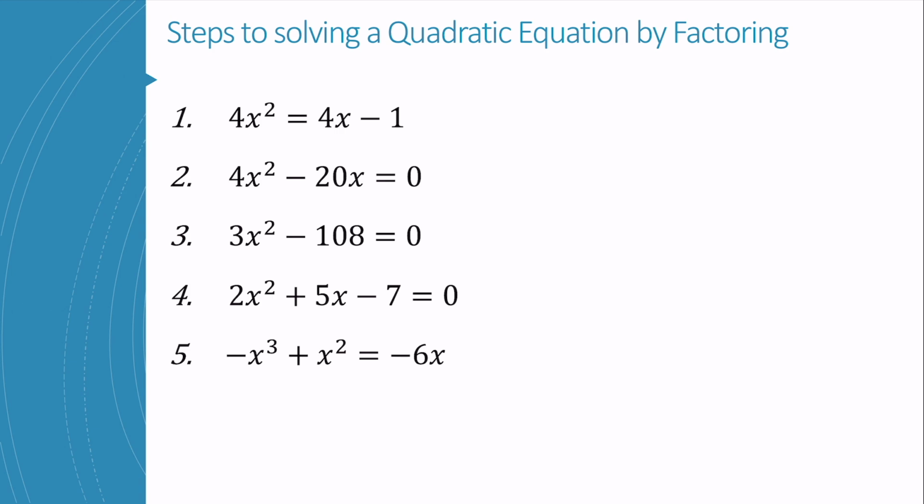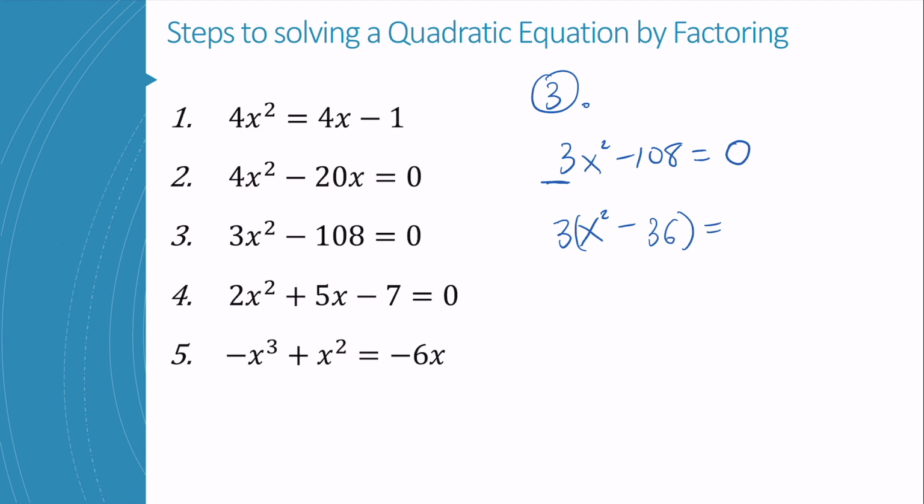For problem 3, I've got 3x squared minus 108 equals 0. Well, I want to pull out the greatest common factor, which is a 3. So I'm going to have 3 times x squared minus 108 divided by 3, 36, equals 0.